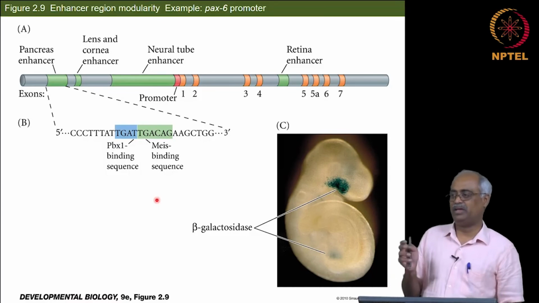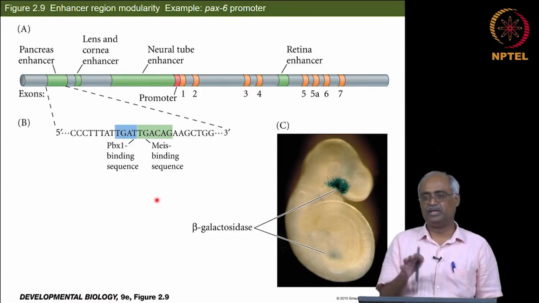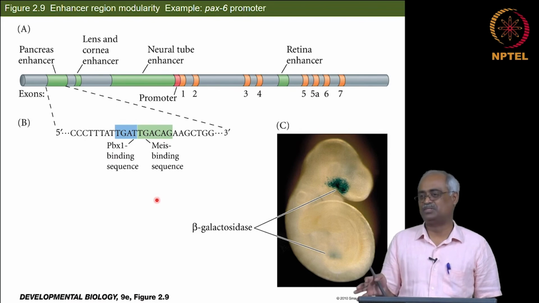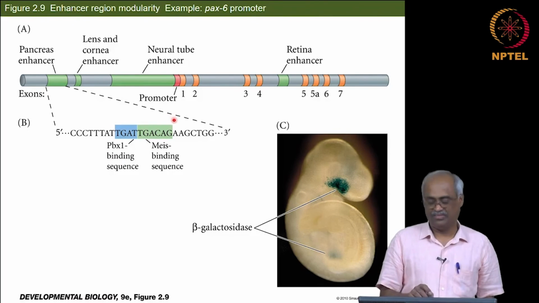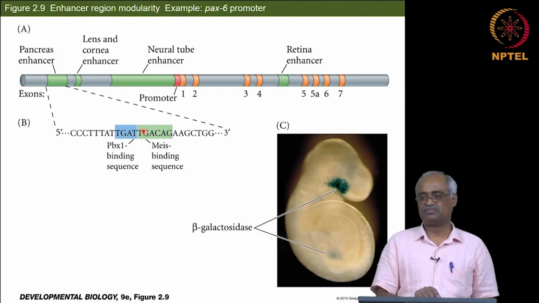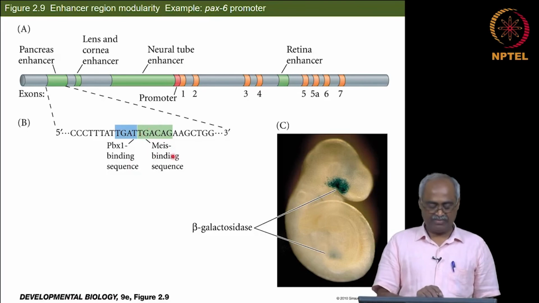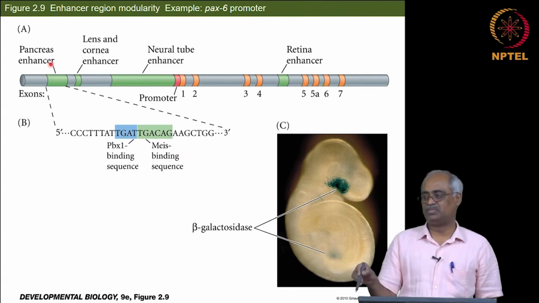Now, we are going to look at another concept of enhancer function, which is combinatorial function. There is a little bit of that in this sequence, where what you are finding is that to one particular module a combination of transcription factors bind, and only when these 2 transcription factors are binding to this pancreatic module will PAC6 be expressed in the pancreas.